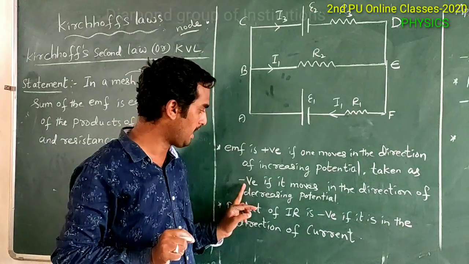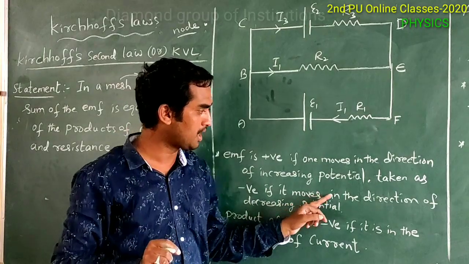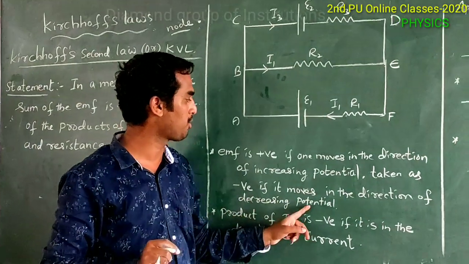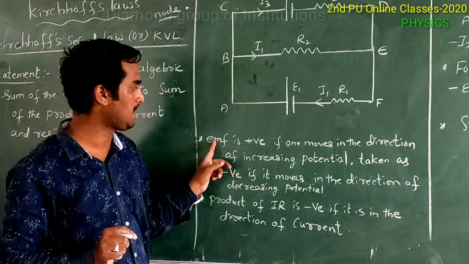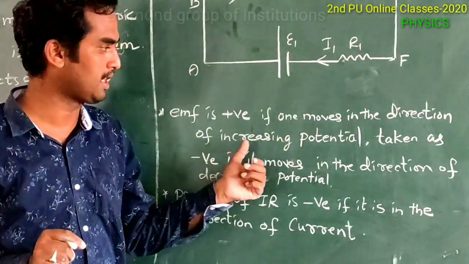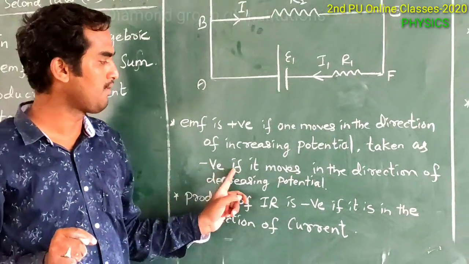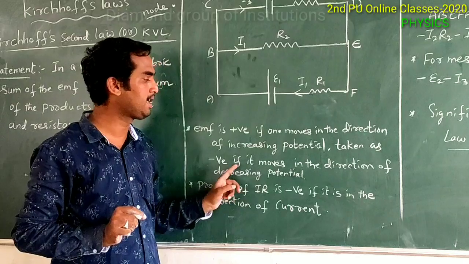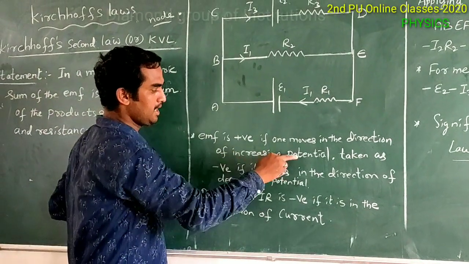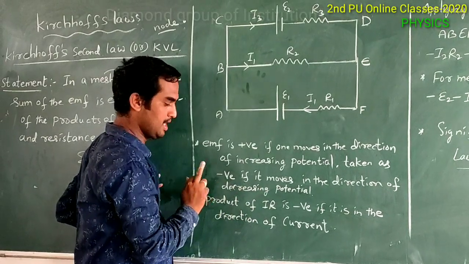And it is taken as negative if it moves in the direction of decreasing potential. Once again, EMF is taken as positive if it moves in the direction of increasing potential, and negative if it moves in the direction of decreasing potential. If it is increasing potential, positive. If it is decreasing potential, negative.